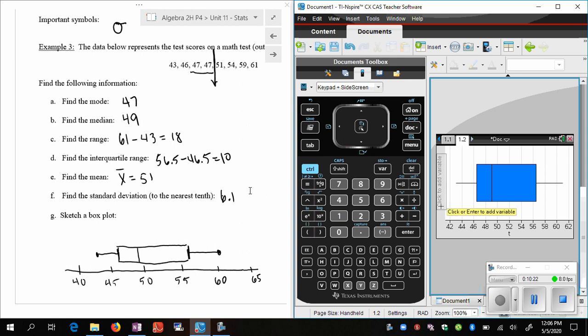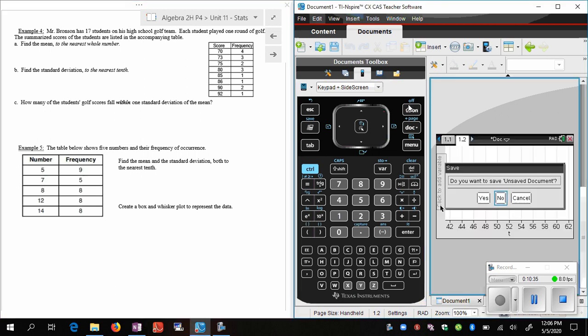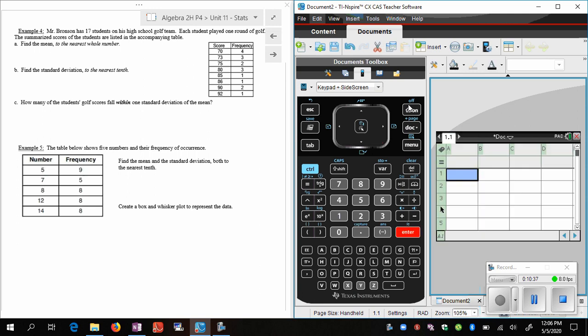All right, so then the next question is one where we have to accommodate a frequency list. So I'm going to start a new document here, and I'm going to add a list and spreadsheet. I'm going to put in 2 columns of data: one is for the scores of the golfers, and one is for the frequencies of those scores.